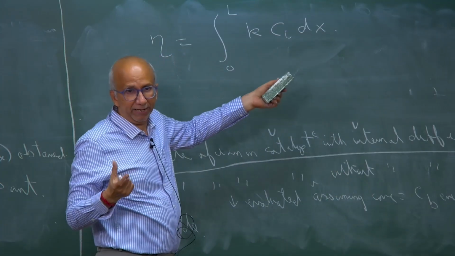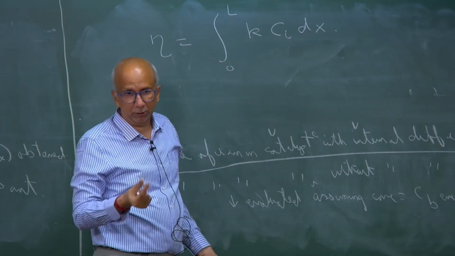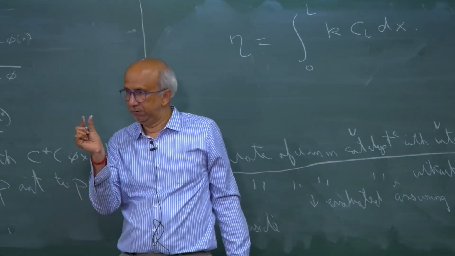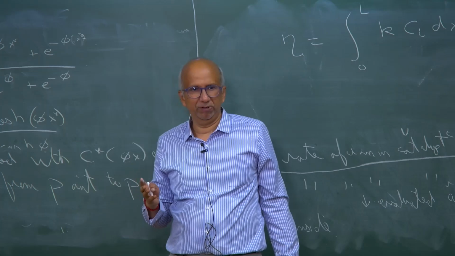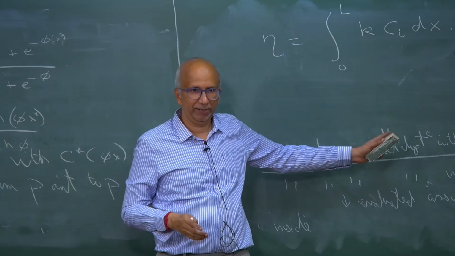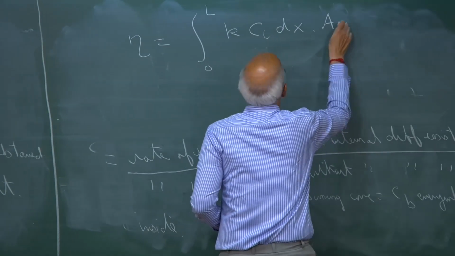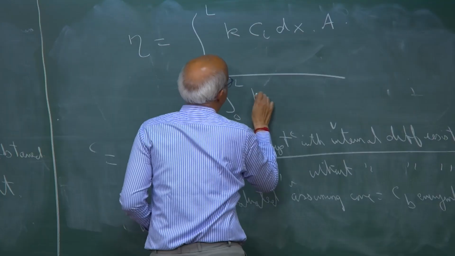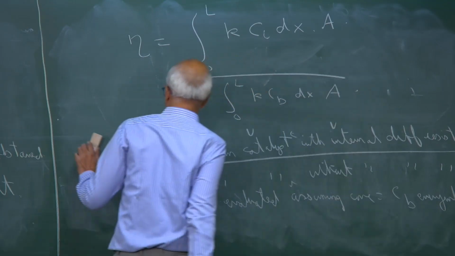Because it is a first order reaction, and because the rectangular slab volume element is only dx. Every volume element is dx multiplied by area, which is the same everywhere for the numerator and denominator, so it does not matter. I will put an area, and this is the integral from 0 to L of k C dx multiplied by area.